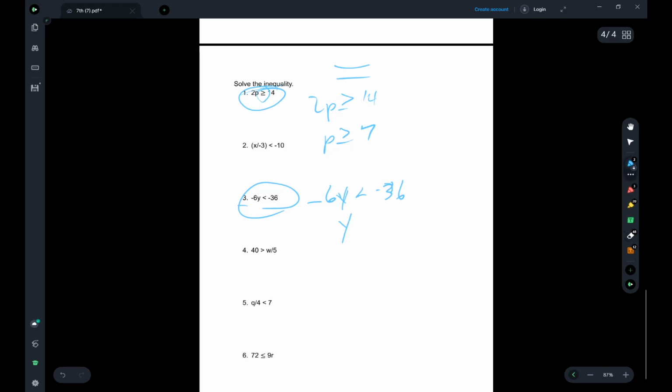So if this was an equal equation, you would go y equals 6 and just be done with it. But there is a rule that says if you divide by a negative, this sign in the middle, if it's an inequality, needs to switch. So instead of being a less than, since you're dividing by a negative, you would have to switch that sign and then go y is greater than 6.